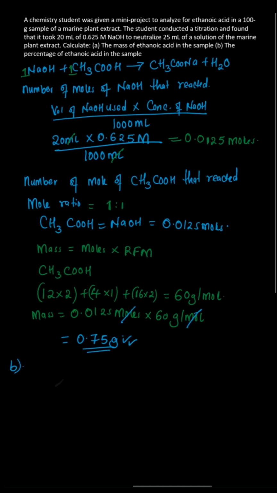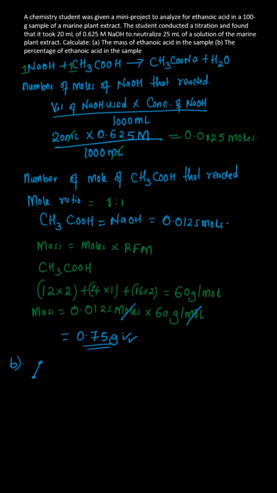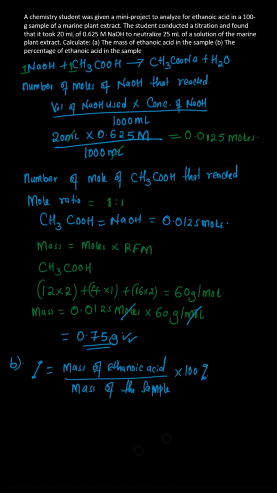Therefore, the percentage mass will be given by mass of ethanoic acid over mass of the sample multiplied by 100%, and therefore we have 0.75 grams all over 100 grams.